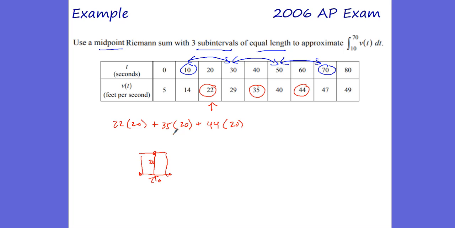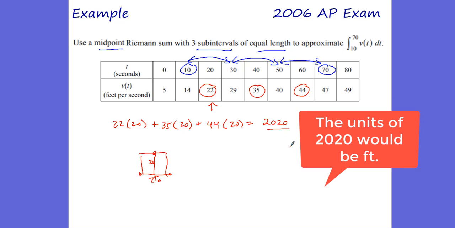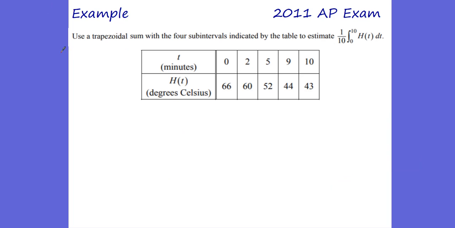And so we're going to add this up on our calculator: 20 times 22 plus 35 times 20 plus 44 times 20, and that ends up giving me the crazy year of 2020. And so that is your area using the midpoint Riemann sums. That's the 2006 AP Calculus exam from a table.